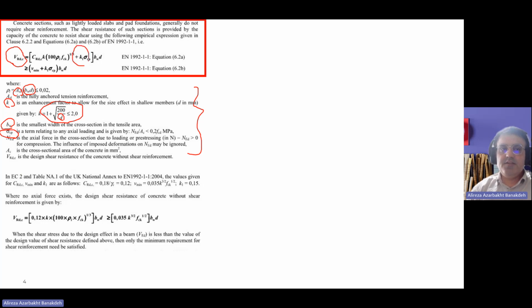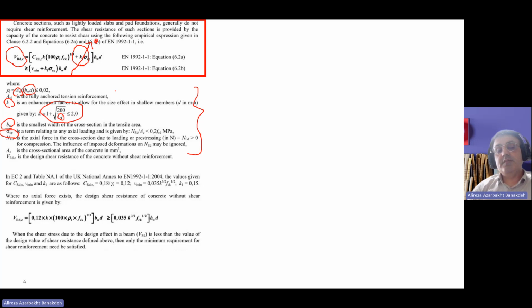So this term is 0, and do not bother yourself with this, because in really 99% of the cases, in both beams and slabs, you don't have axial forces.